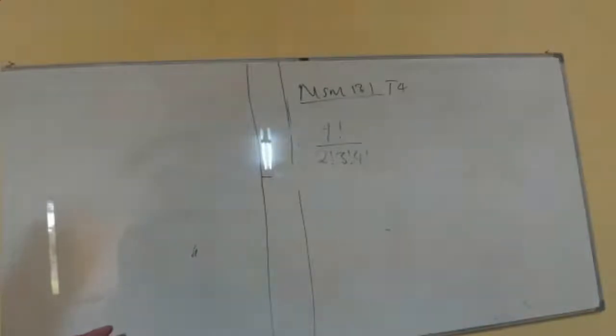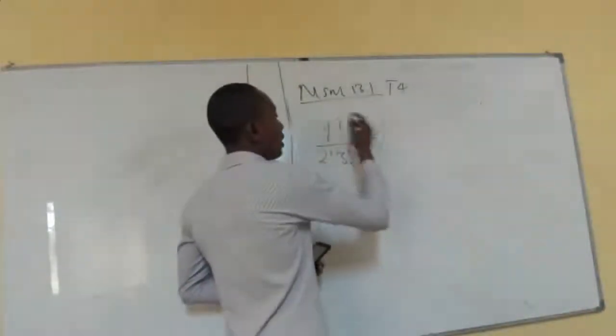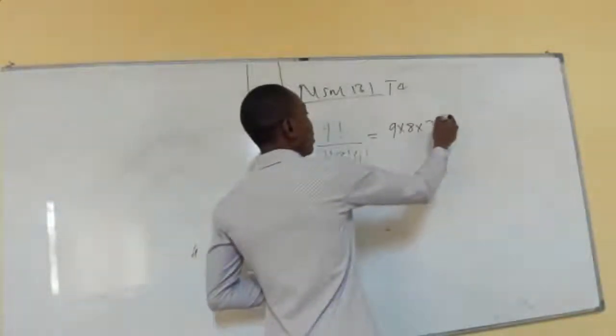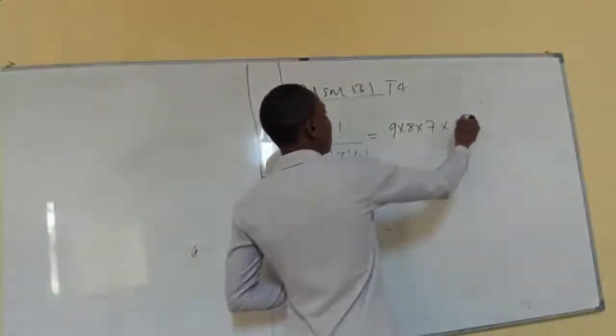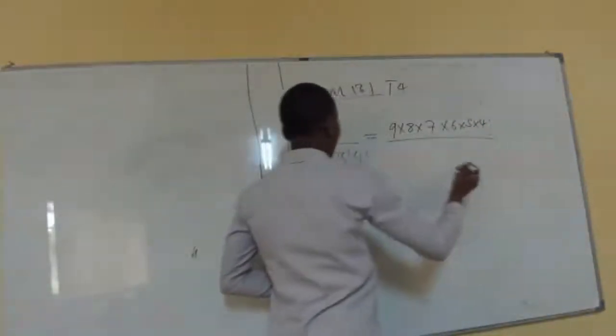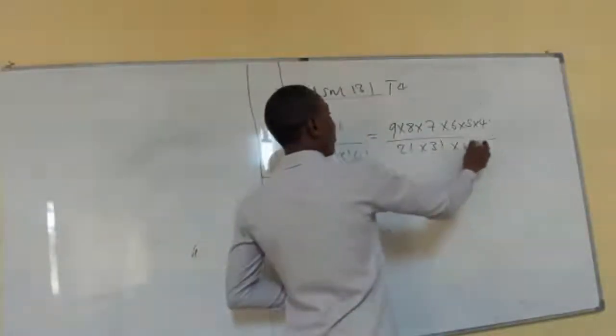How do we answer this question? We're simply going to expand the largest. So we have 9 times 8 times 7 times 6 times 5 times 4 factorial, over 2 factorial multiplied by 3 factorial multiplied by 4 factorial.